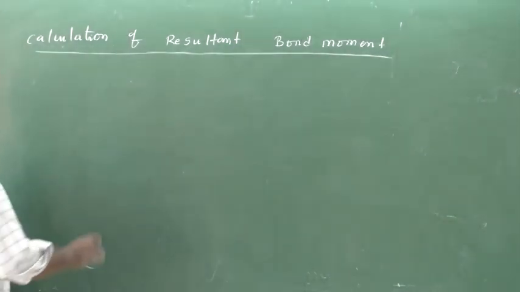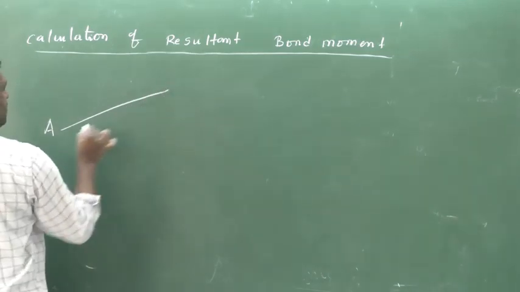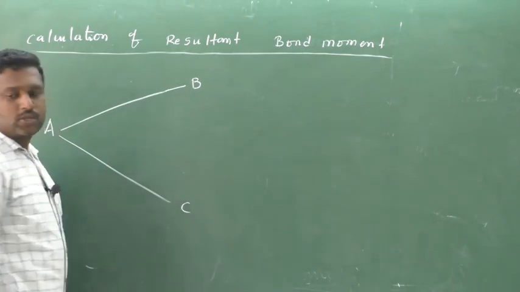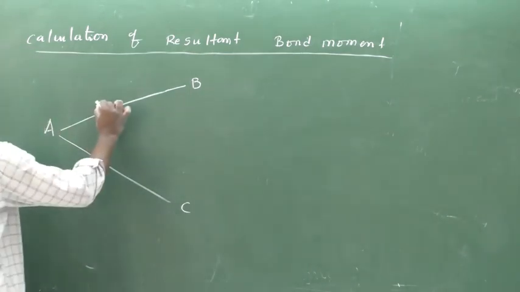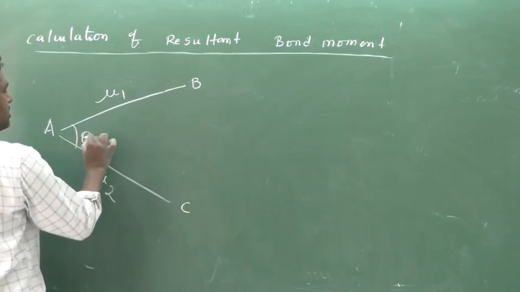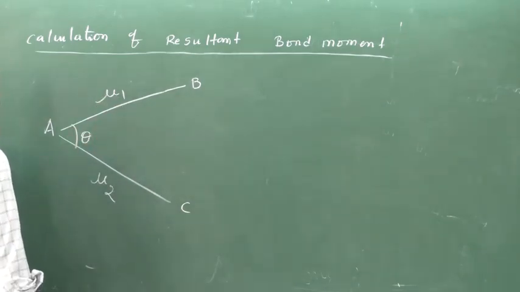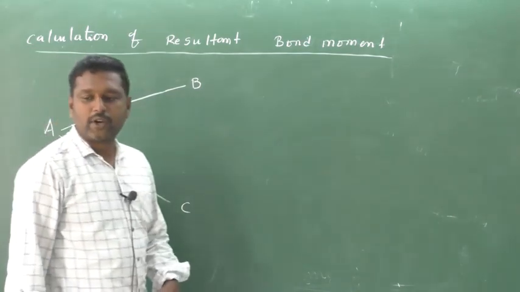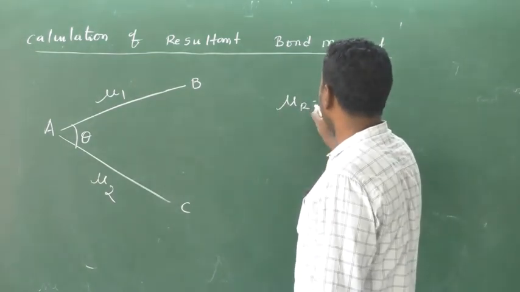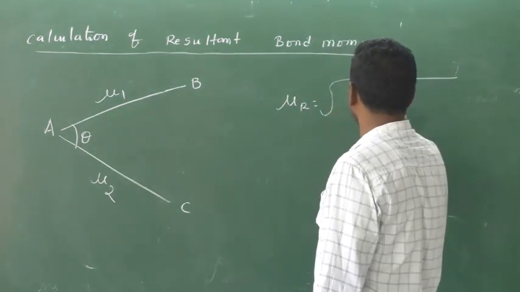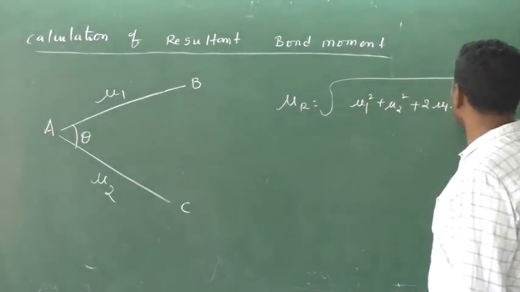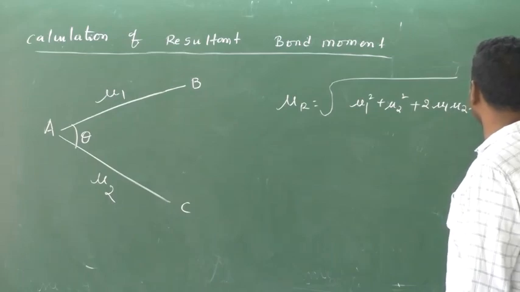So here, in this direction this is mu1, in this direction mu2, and this is theta. So mu r is equal to under root of mu1 square plus mu2 square plus 2 mu1 mu2 cos theta.